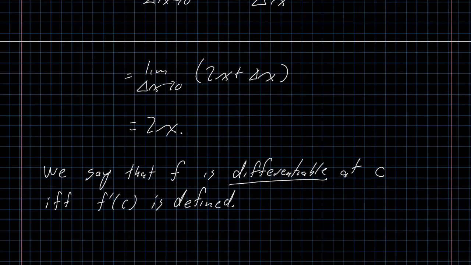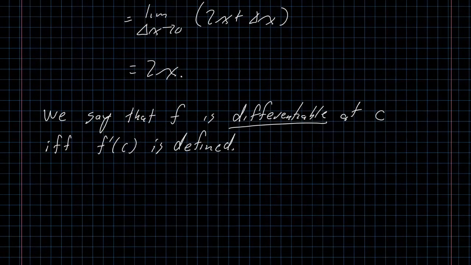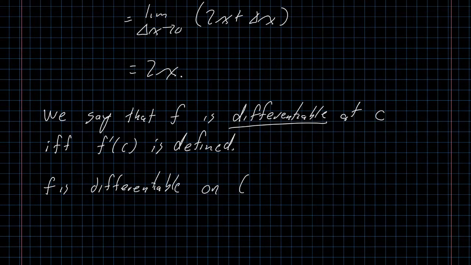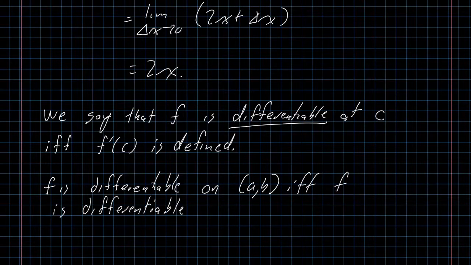But continuing onward, we'll say that a function f is differentiable at a point c if the derivative f prime of c is defined. And just like we had with continuous, we can extend this idea out. f is differentiable on (a, b) if and only if f is differentiable for every c in (a, b).